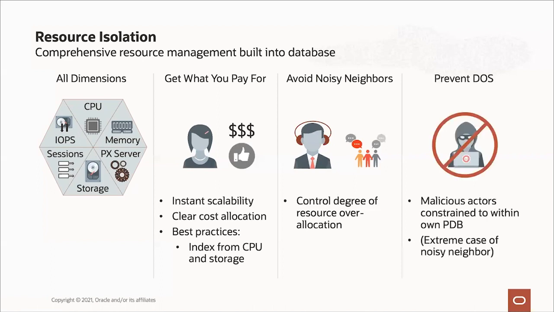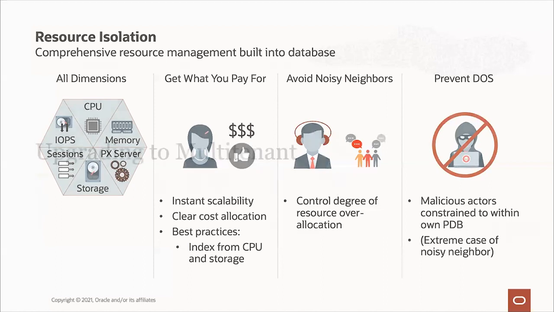And then the most extreme example of the need to use resource management is to prevent malicious actors, the denial of service situation, because everybody is constrained within their own PDB, and we have resource management in all of these cases, so we've got great isolation.